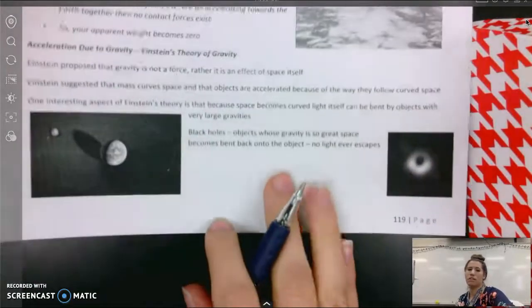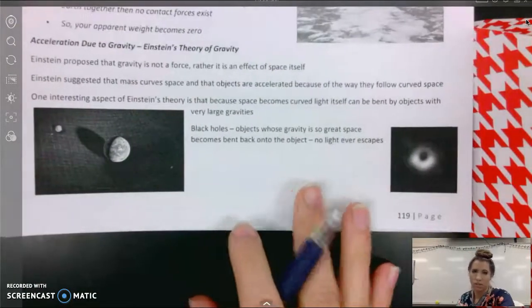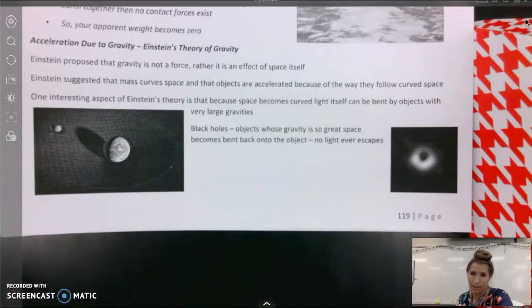Now, our last concept here for acceleration due to gravity is Einstein's idea behind it. And here's what's amazing and interesting: if I were to ask you, what is gravity? You might say, well, when I drop something, it falls towards the Earth.